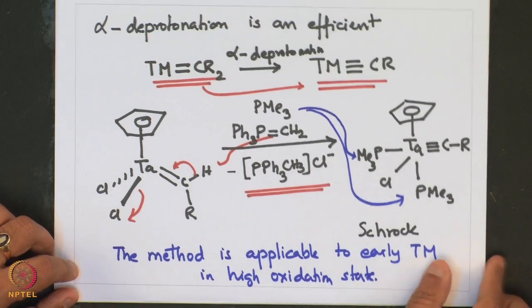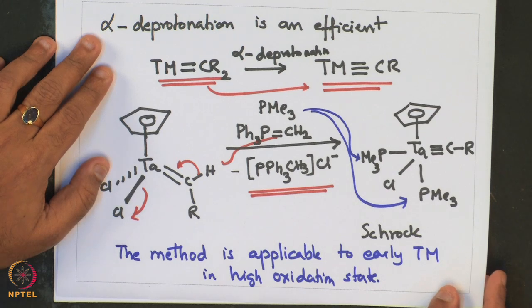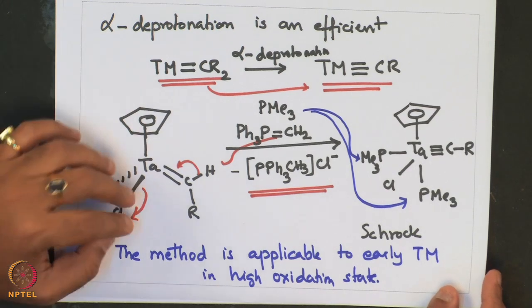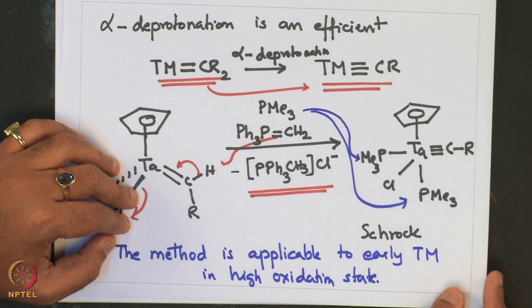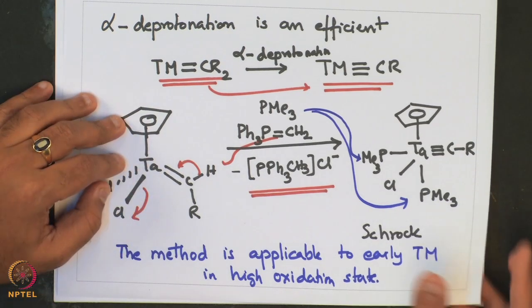It is also to be noted that the alpha-deprotonation technique was also available for preparing transition metal carbene complexes, and it is also available to make transition metal carbyne complexes.